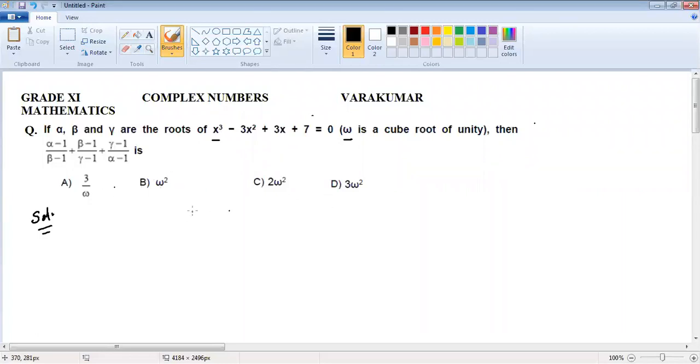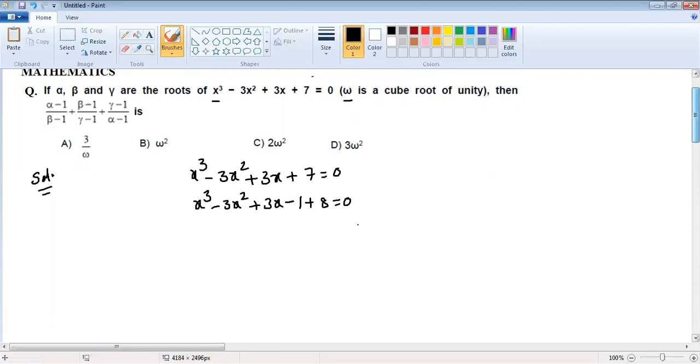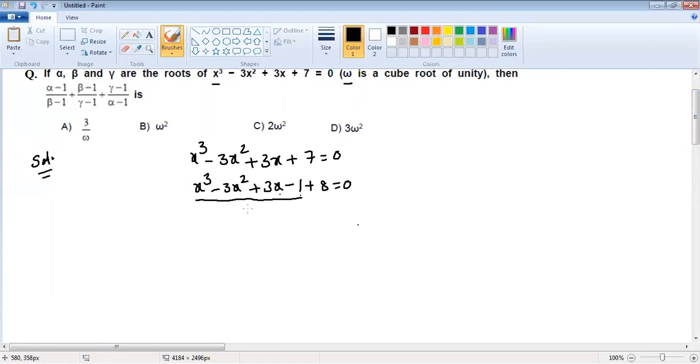Let me take the cubic equation, whatever is given, x cube minus 3x square plus 3x plus 7 is equal to 0. Now I am going to write x cube minus 3x square plus 3x as minus 1 plus 8 is equal to 0. Now this I can write as a complete perfect cube, which is (x minus 1) whole cube is equal to minus 8.